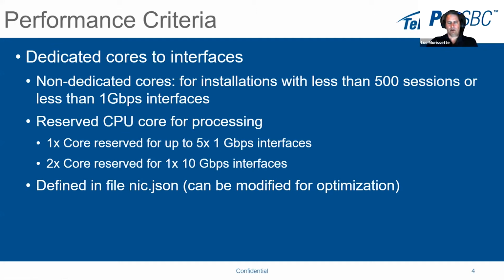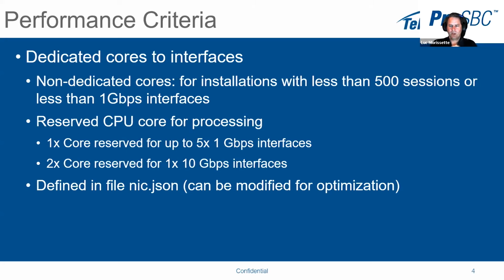This file is created automatically when you configure the system initially. But if you think that you can have better performance, or you don't reach the performance you are requiring, it is possible to change this file to optimize the configuration.